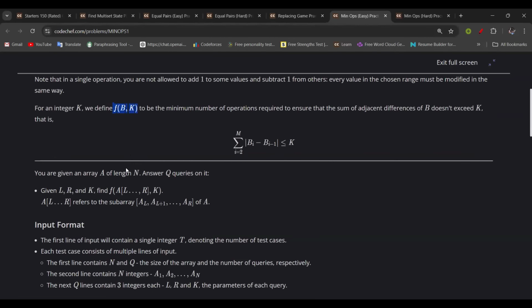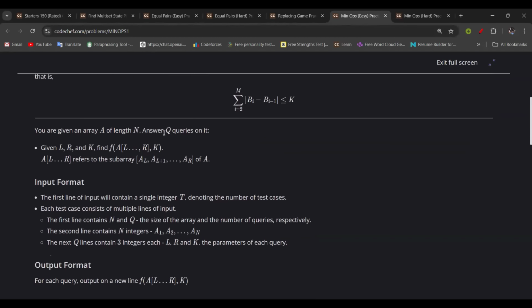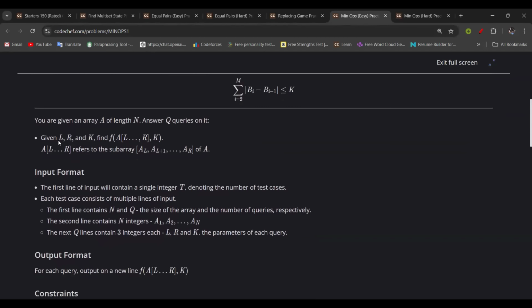So if that is clear, you are given an array A of length n, and you have to answer q queries. These are the pieces of information you are given. In the question, what you need to do is, for the array A, answer q queries. In every query you are given L and R, a range, and a k.